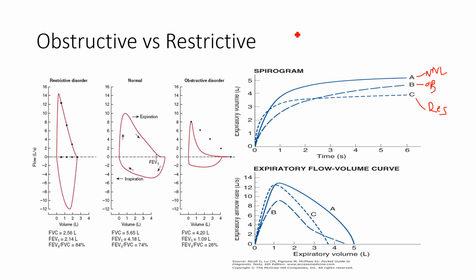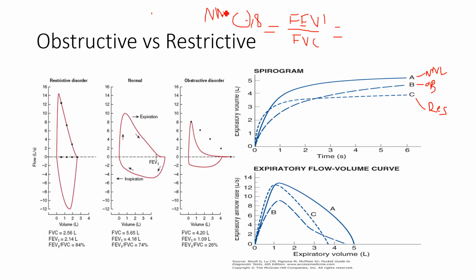Remembering that our FEV1 to FVC ratio should be 0.8 in a normal healthy individual.